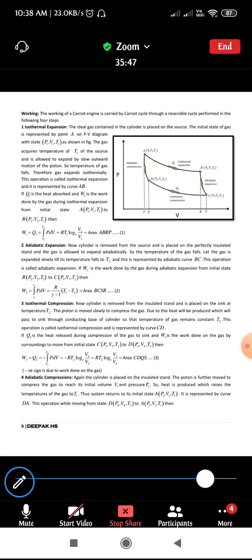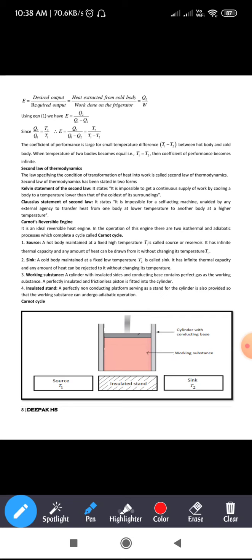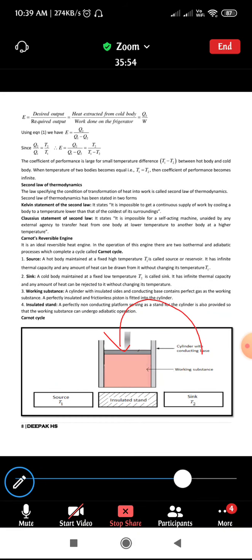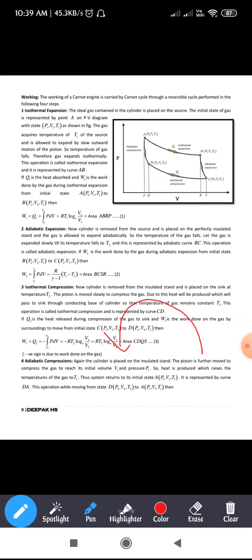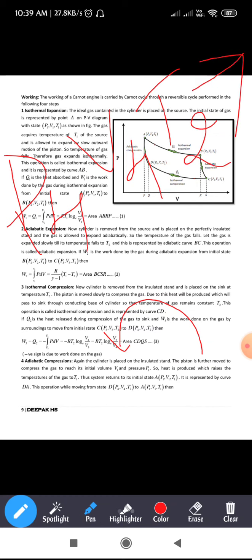What we are going to do is shift the cylinder from the sink to the insulated stand itself. What happens when the cylinder is placed on the insulated stand? Again the gas is allowed to compress. Before placing the cylinder on the insulated stand, the pressure, volume and temperature were P4, V4, T2.